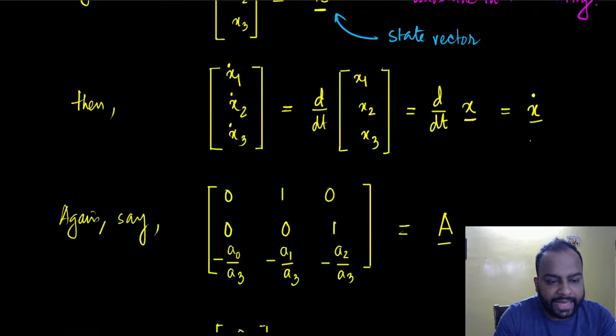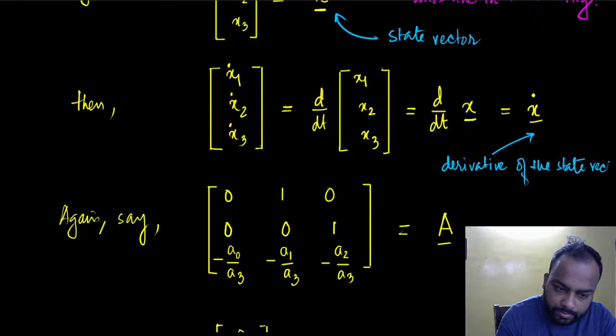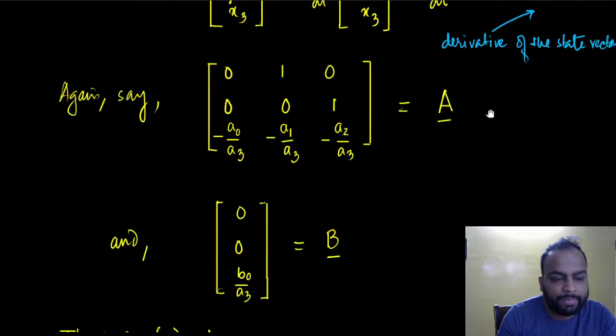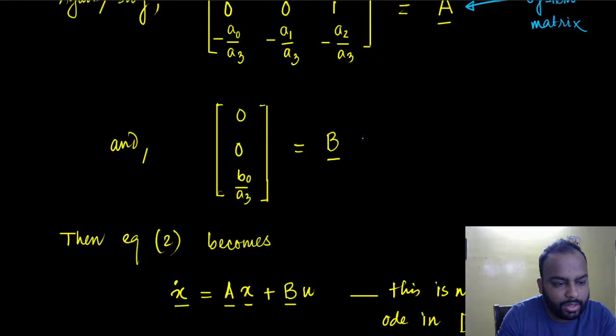Okay, this x dot is the derivative of the state vector. This matrix A is the system matrix. This matrix B is the input matrix.